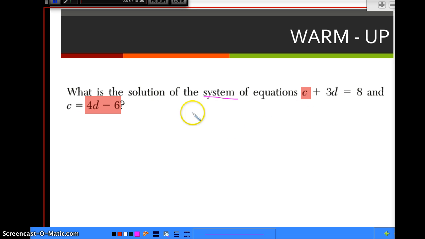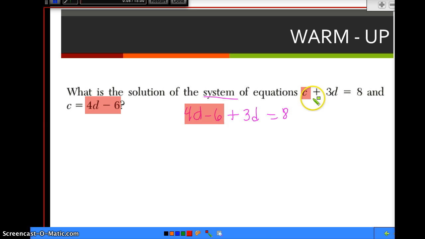So if I do that, instead of writing c, I'm going to put 4d minus 6, drop down my plus 3d is equal to 8. So notice here, 4d minus 6 was substituted in for my c. When you do that, it now turns the equation into where there's only one unknown variable rather than two.